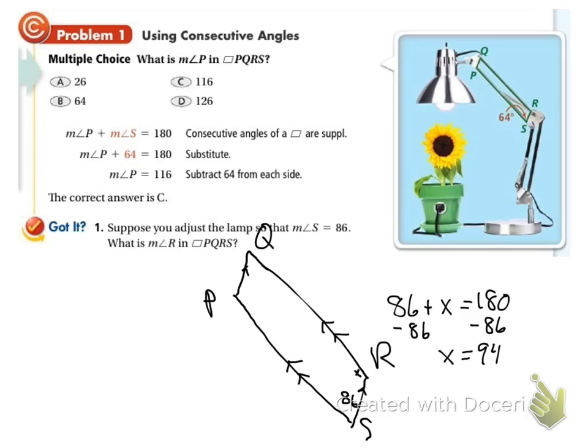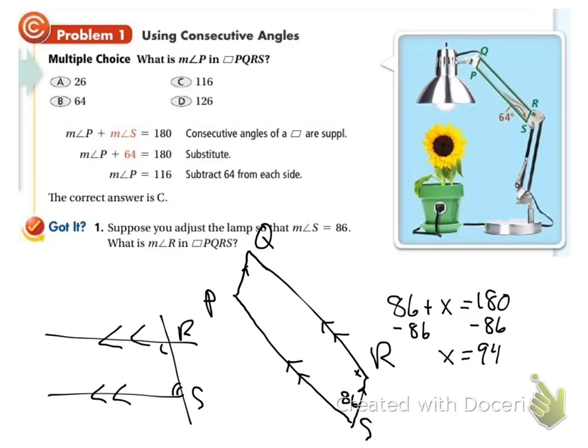And this theorem shouldn't come as a surprise to you. If we look at this over here, here's my parallel lines. Here's R and S. If you think back to when we were working with parallel lines, these are same side interior angles.